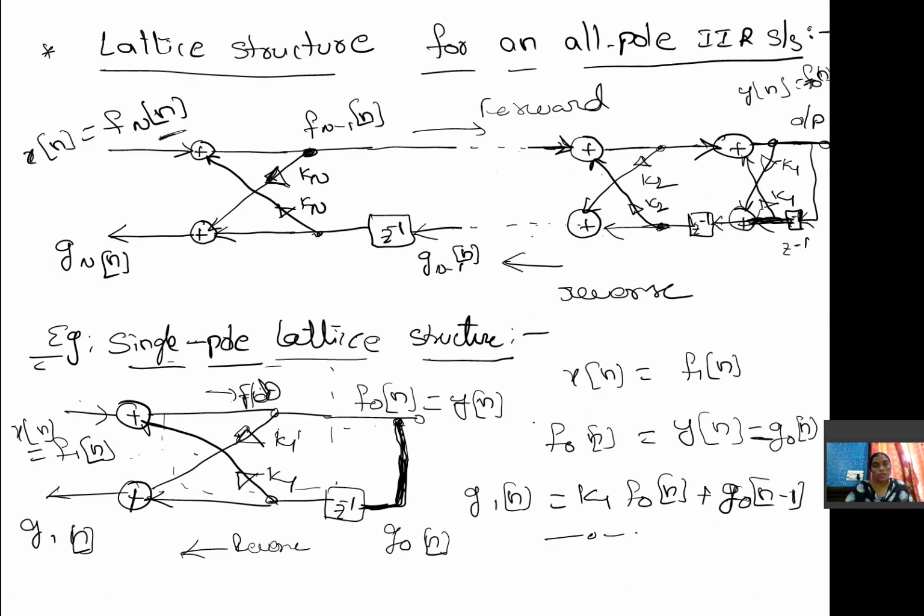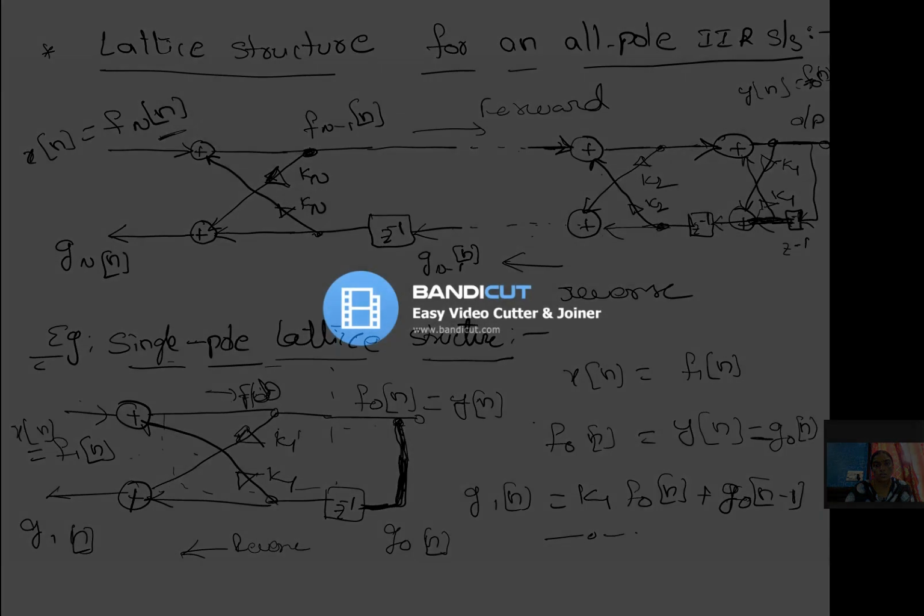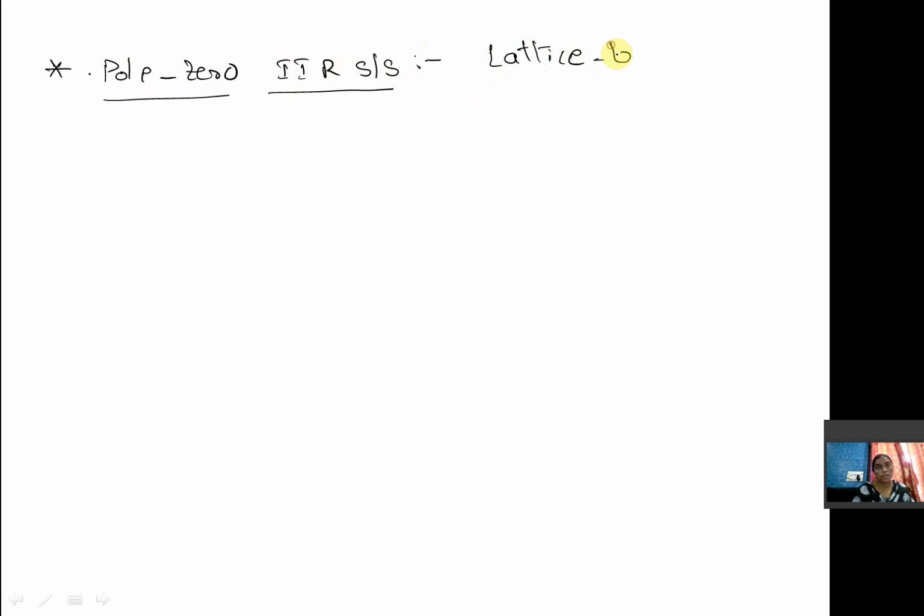So now coming to the pole zero IIR system, it is also called the lattice ladder structure.